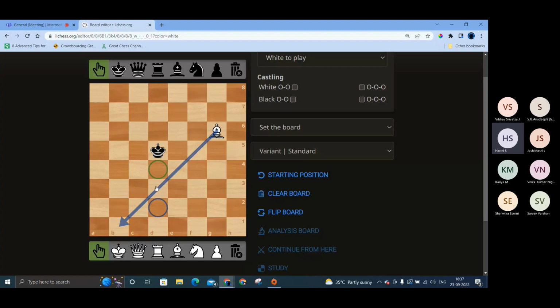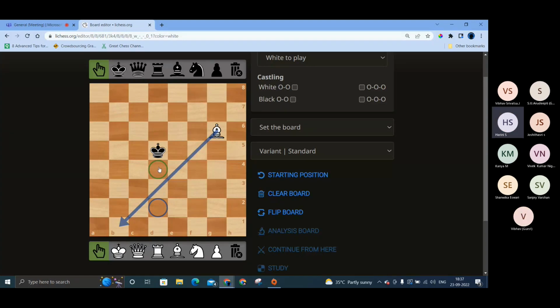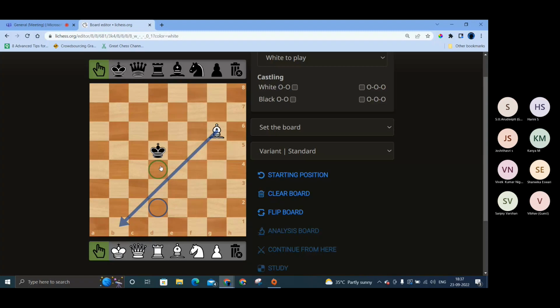It should not go to D3, but it has to somehow reach D2. So what other way is there? How else can it move? Others, please also try to answer in your mind. You don't need to unmute, but still you can try the answer.